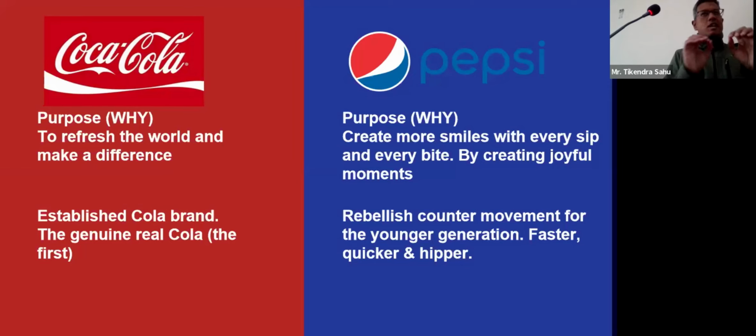It looks almost the same, but it isn't, because how they accomplish it is a different way of how they promote themselves. Coca-Cola wants to be an established brand, a genuine real cola. Well, Pepsi-Cola is more a rebellious counter movement for the young generation, faster, quicker, and hipper.